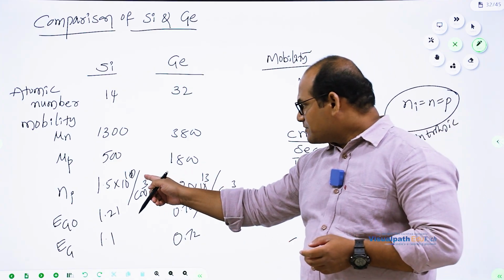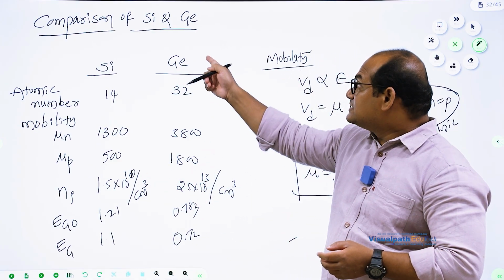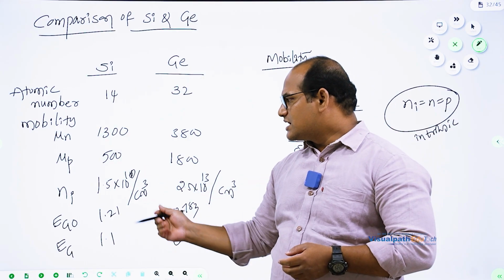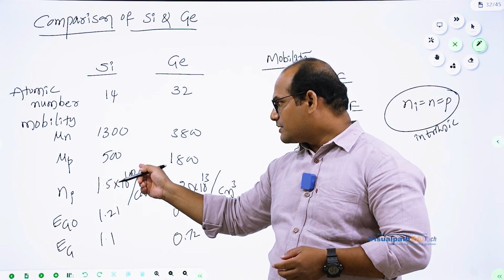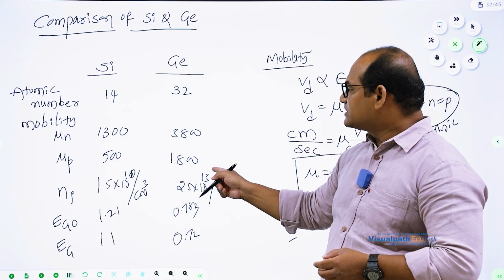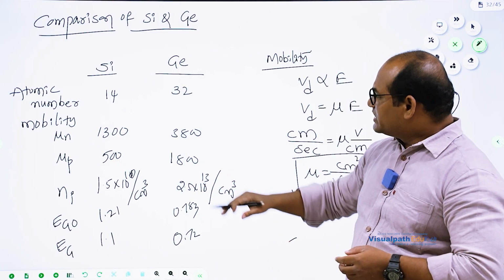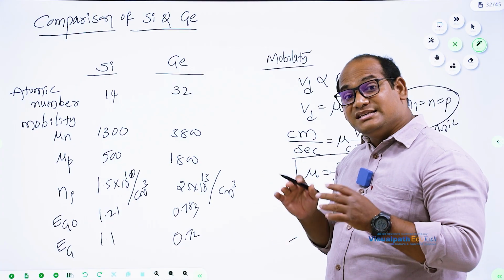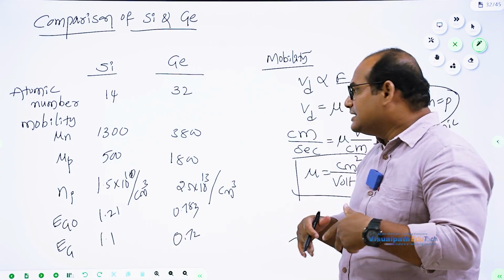So by seeing these numbers itself, we can tell germanium can provide more conductivity compared to silicon, because silicon has 1.5 into 10 power 10 per 1 centimeter cube, but germanium has 2.5 into 10 power 13 per 1 centimeter cube. So intrinsic concentration is greater in case of germanium, and the energy gap must be low to get more conductivity.